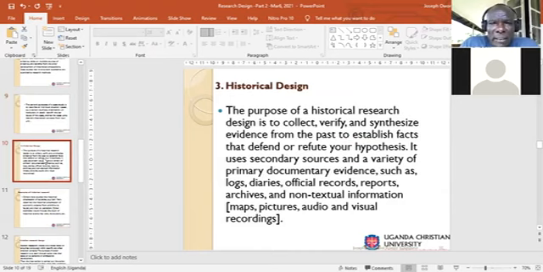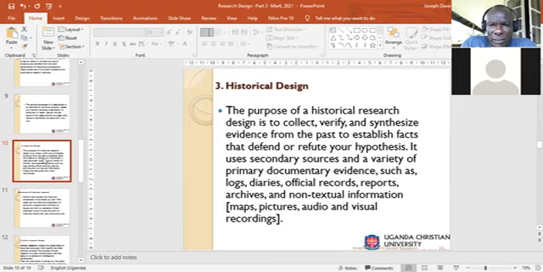Okay, so that is case study design. We are through with case study. We are now moving to the third design. We call it historical design. The purpose of a historical design is to collect, verify, and synthesize evidence from the past to establish facts that defend or refute your hypothesis.